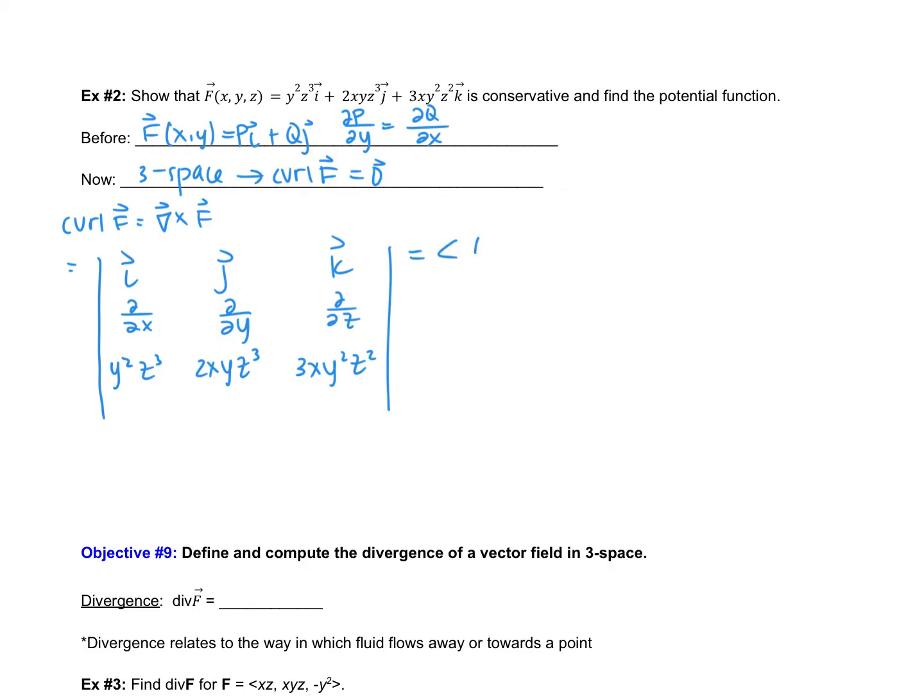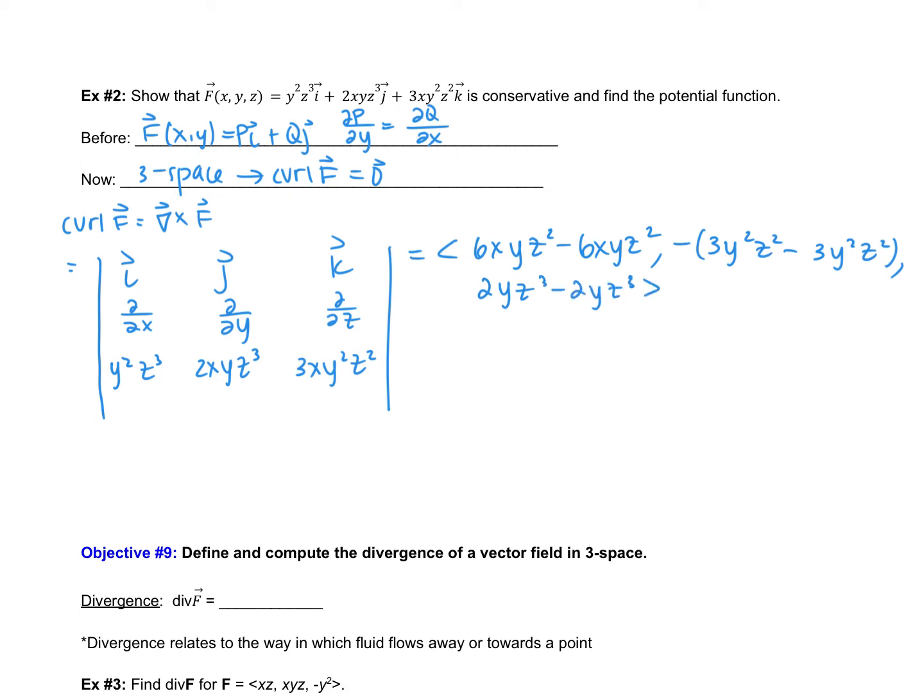So the first partial ends up being 6xyz squared, and then I'm subtracting 6xyz squared. Remember, the middle term is going to flip signs, so I get 3y squared z squared, subtract 3y squared z squared. And then we also have 2yz cubed, subtract 2yz cubed.